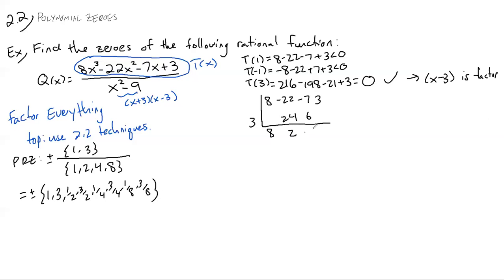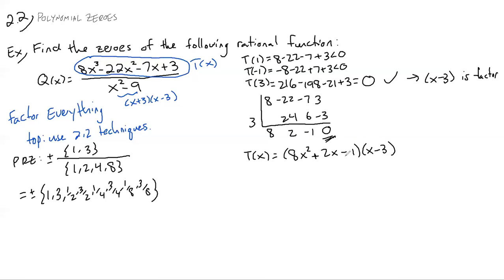Then 6, add them together to get negative 1. Times 3 is negative 3, and there's that 0 that I absolutely need. And so my T of x is 8x squared plus 2x minus 1 times x minus 3.